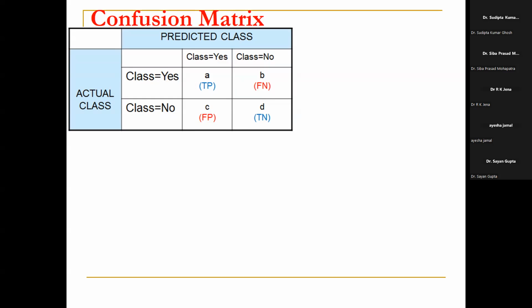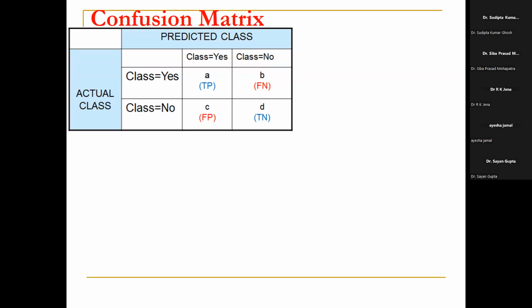That's why it is called false negative. Similarly, C is called false positive. Actually it is no, but my algorithm predicted yes. Similarly, D is called true negative. My algorithm predicted no, and actually it is no. So all the predictions are defined in 4 quadrants if it is binary classification.